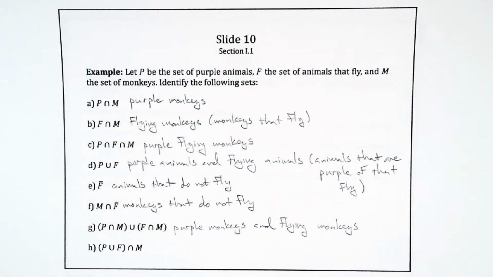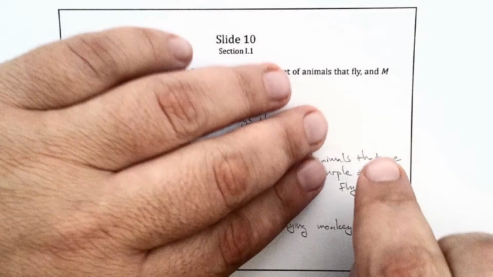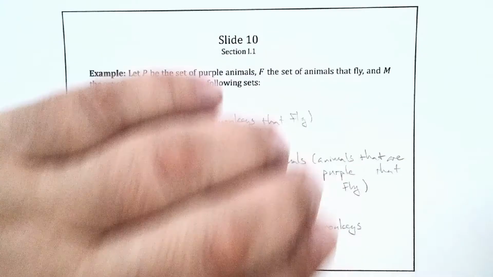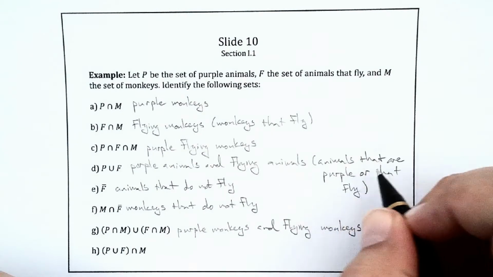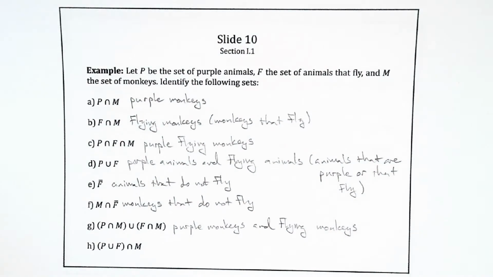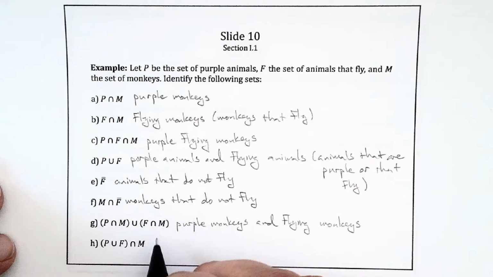Sorry, or is the word I meant there. And that's probably a more convenient way for us to put this. Animals that are purple or that fly. Because now I could say this is the set of monkeys that are purple or that fly.